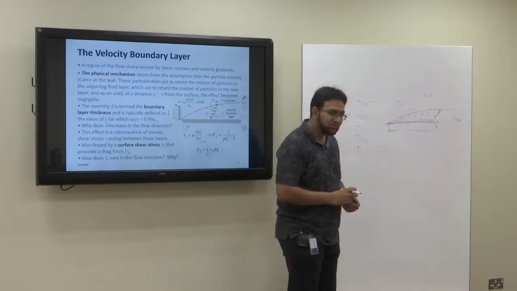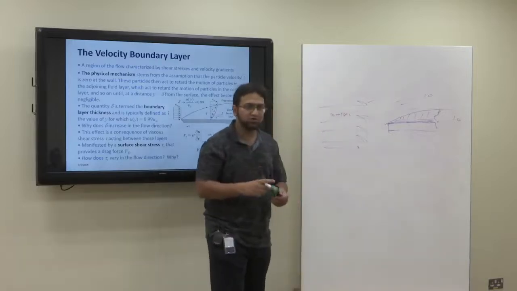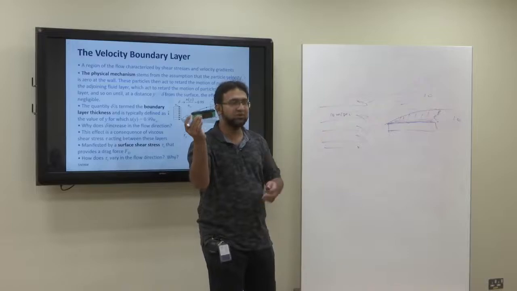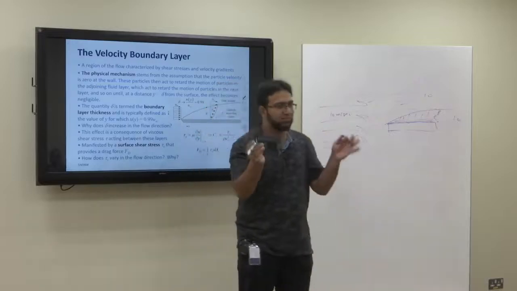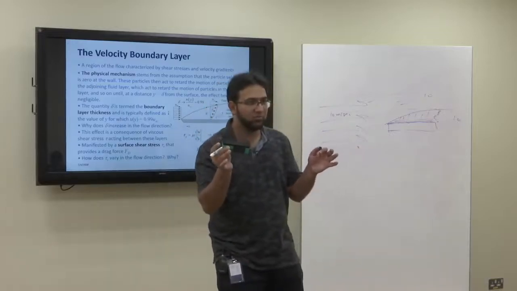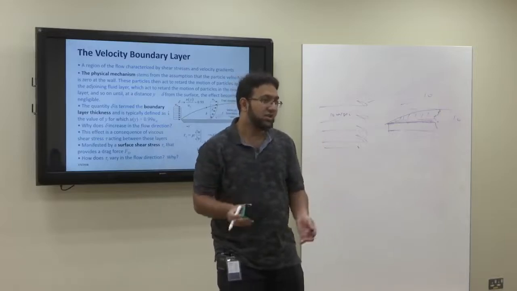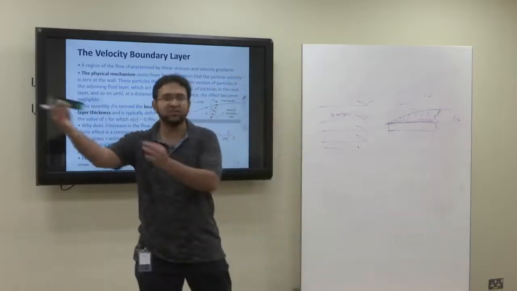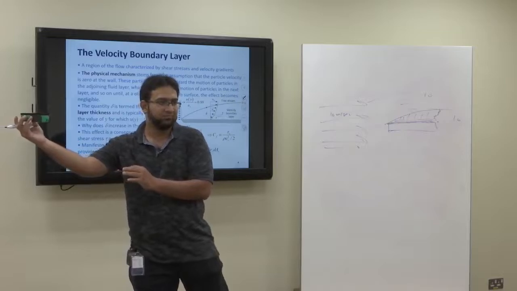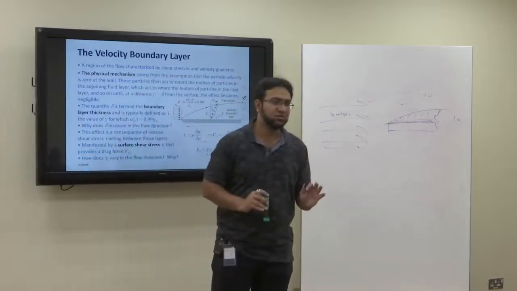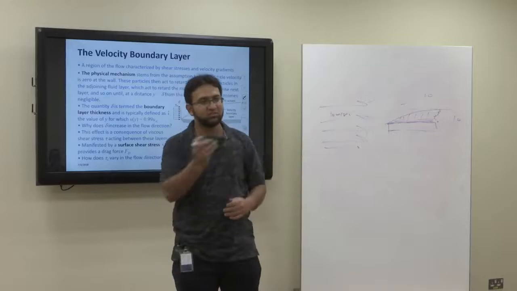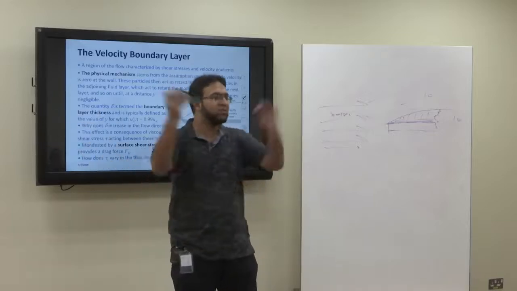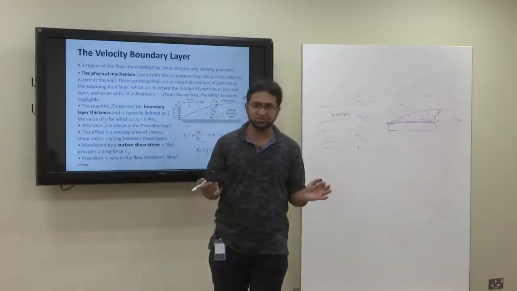This velocity gradient is because of this object, because this object is coming in the path of the flow with a different velocity. Suppose this object was also moving at 10 meters per second, then there would be no velocity gradient, because the air is at 10 meters per second and the object is also at 10 meters per second, everything is at 10, no gradient.